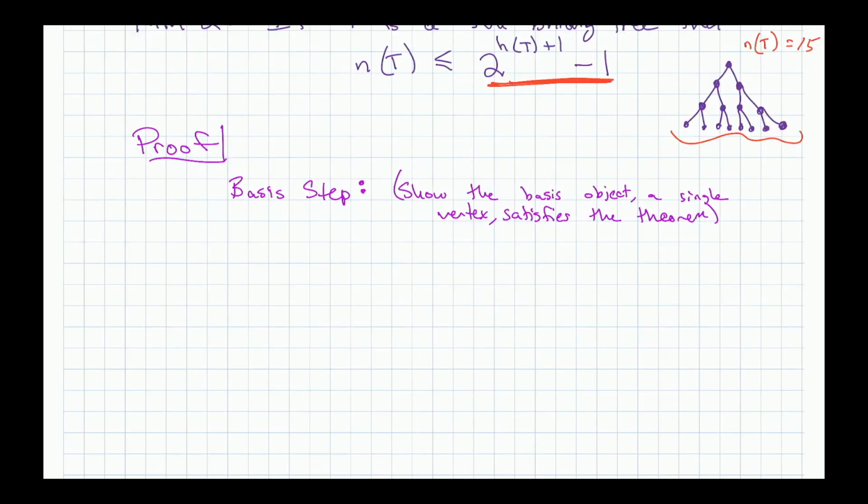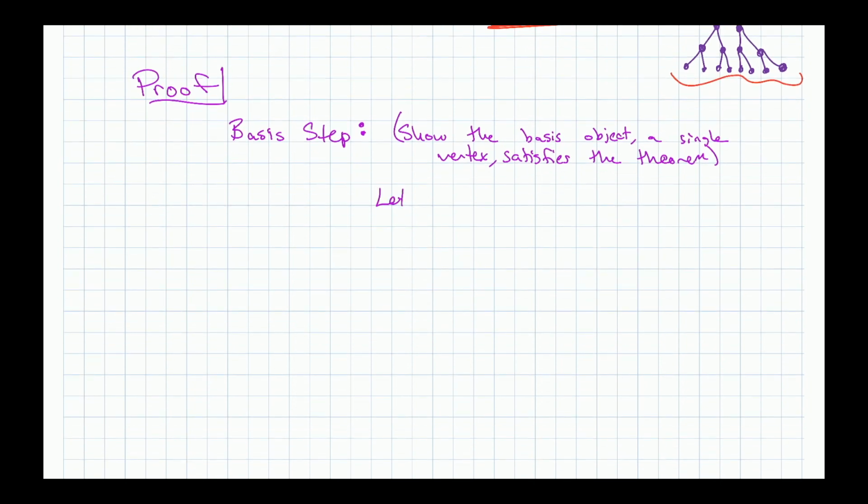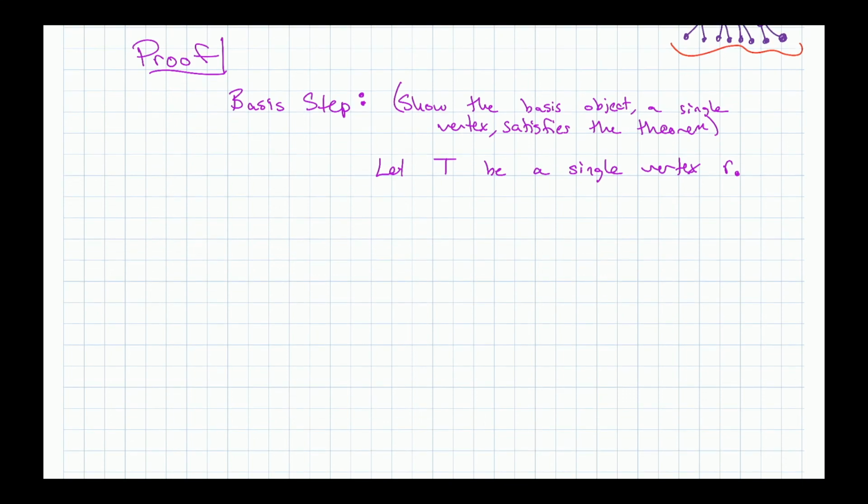So what you do is you look at a single vertex. So we just say, well, let's look at a single vertex. Let T be a single vertex R. Now we happen to know both the number of vertices of that and the height. So what is the number of vertices of a single vertex?